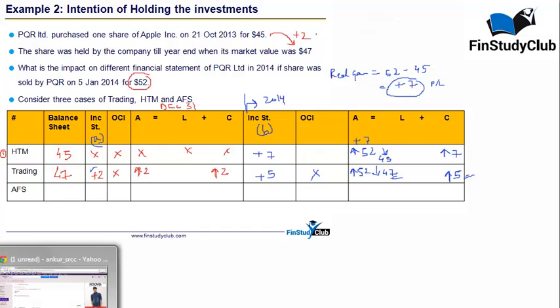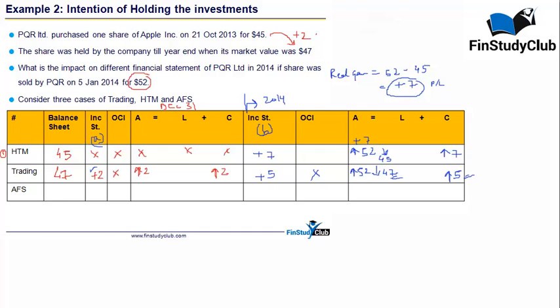The last and the most important is the AFS security, which is valued at market price, which is 47 again, recognizing the unrealized gain. But the question is in a different categorization of OCI. Out of 7 of realized gain, nothing has been booked, therefore the entire 7 should be booked in the second year.